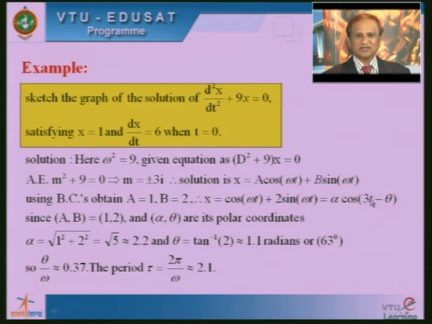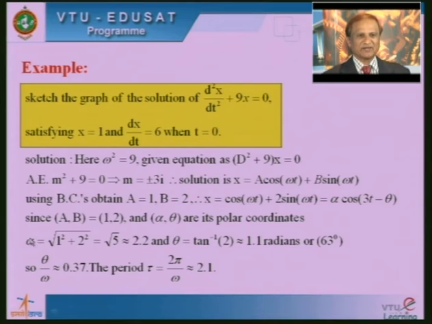Just now I told you that 3t minus theta is the phase angle. So, the ordered pair a comma b can be written as a is 1, b is 2, ordered pair 1 comma 2, and alpha comma theta are its polar coordinates.